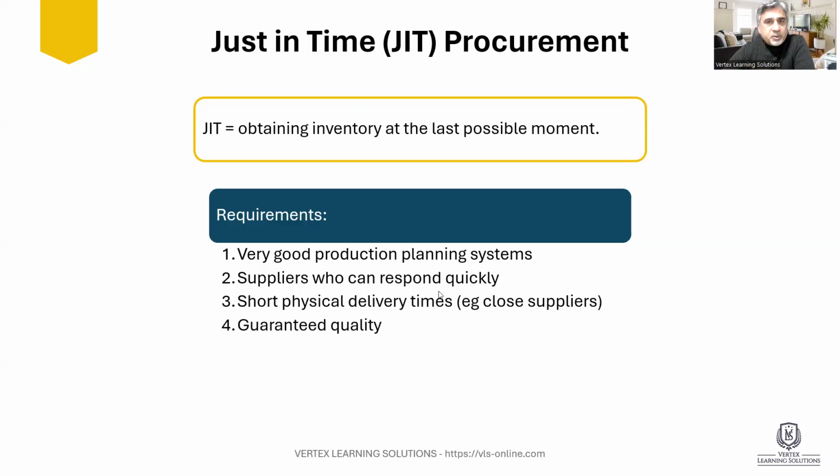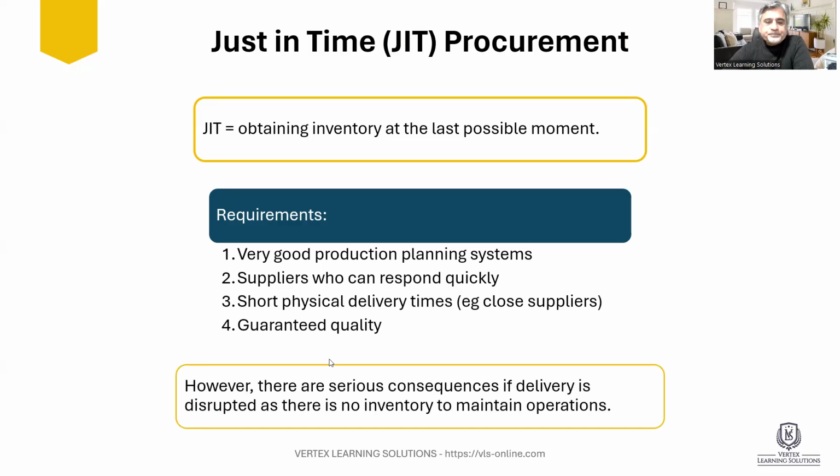So you need to have a very good production planning system, which means that it works without failures. Suppliers who can respond quickly and flexibly, with short physical delivery times, like physically closely located suppliers. You cannot apply it if you are sitting somewhere in Asia and getting your raw materials from North America. You can't have JIT in that situation. Guaranteed quality is very important because rejections are not possible here.